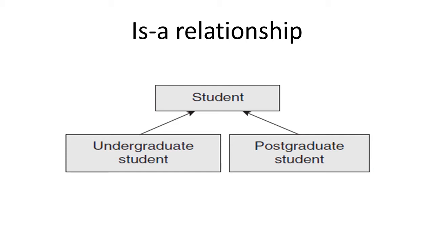So common data members like a roll number or a registration number or the personal details of the student and its related functions and data members are all represented in the student class. But the data members or functions specific to undergraduate students or those specific to postgraduate students will be defined in the derived classes of undergraduate and postgraduate students. I hope you are clear with this "is a" relationship.